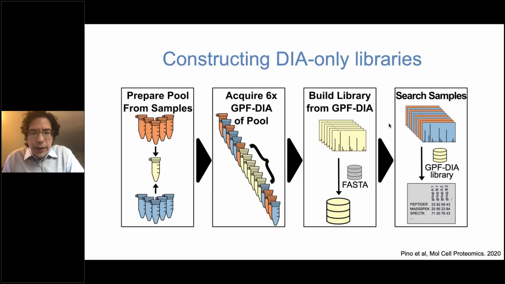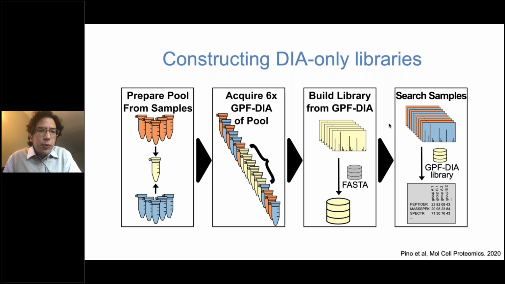So earlier this year, we published, with Lindsay Pino as the lead author on this work, and Seth and I as co-authors, a strategy for developing DIA-only libraries and easily reproducing them, making them very easy to manufacture. The idea here is you would take all of your quantitative samples, your orange and your blue samples, and combine them into a pool.